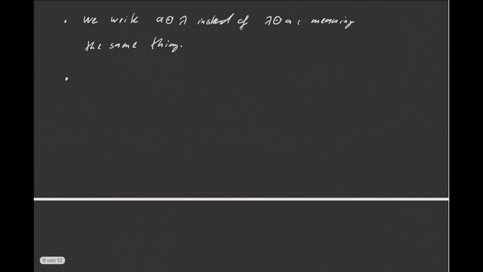Two more. I already said the neutral element of vector addition has a special name. It's called the zero vector.